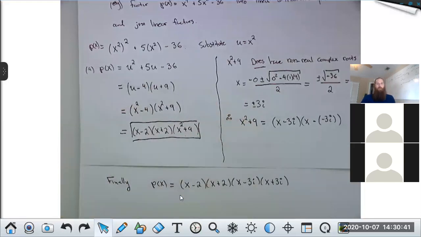And that's the fully factored form of the polynomial x to the 4 plus 5x squared minus 36. So we're able to break it all the way down.